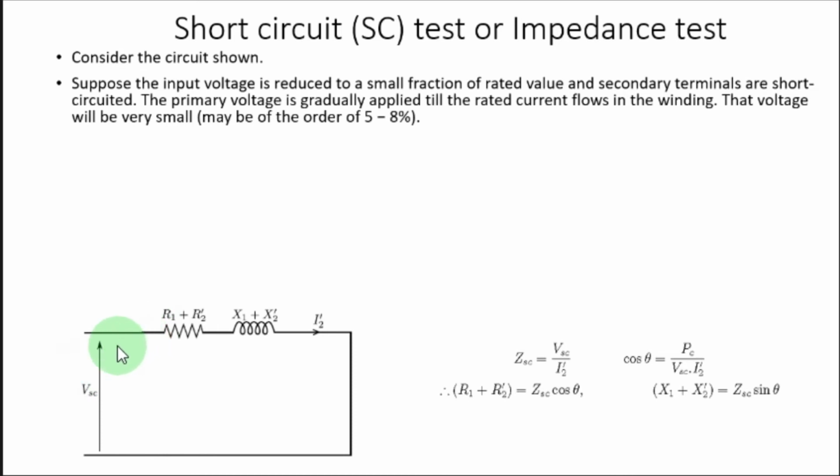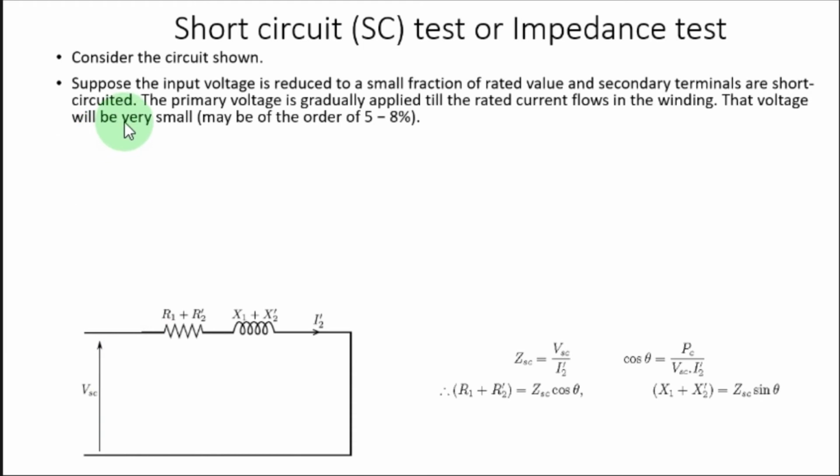In the primary winding there is a rated current, which can be found from the kVA rating and the primary voltage. So you know the rated current, and you can increase this primary voltage until rated current is flowing in the primary winding.